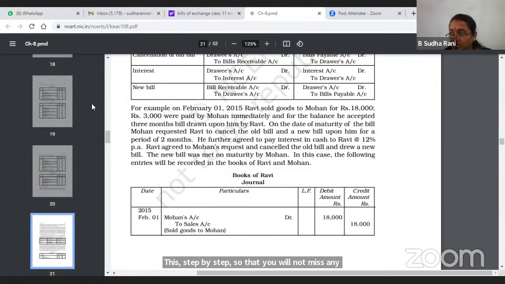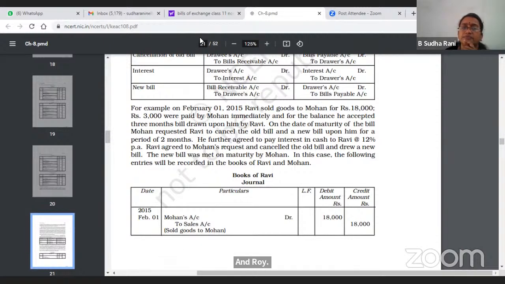In bills of exchange, the only thing is how many transactions have taken place or how many steps are there. First, selling the goods. Pass the journal entry. Let us see in the drawer book first. Tell me who is the drawer and drawee here? Someone please, except Monica, others please respond.